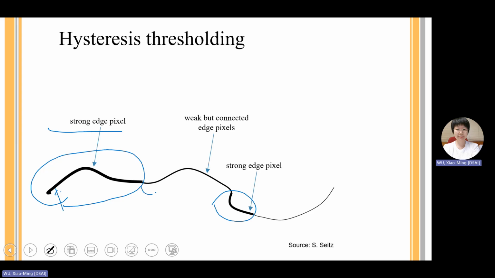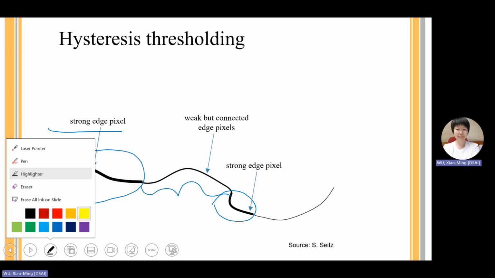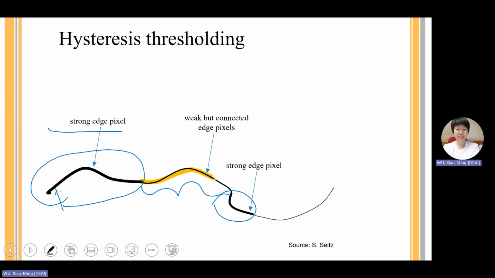Interestingly, the pixels between the two strong edges are weak, but they are connected to strong edge pixels. So they are also considered edge pixels, and they should be preserved on the edge map.